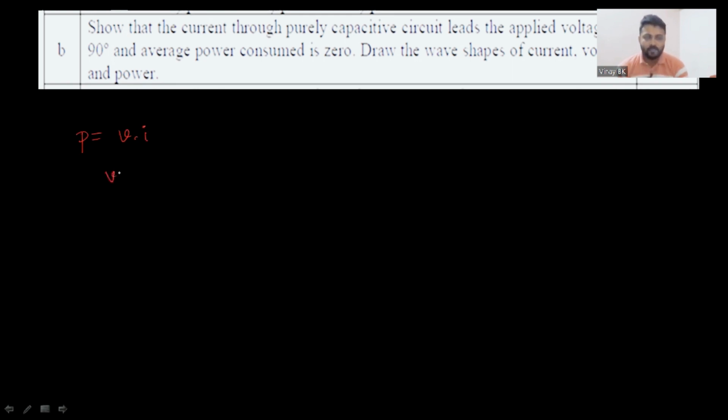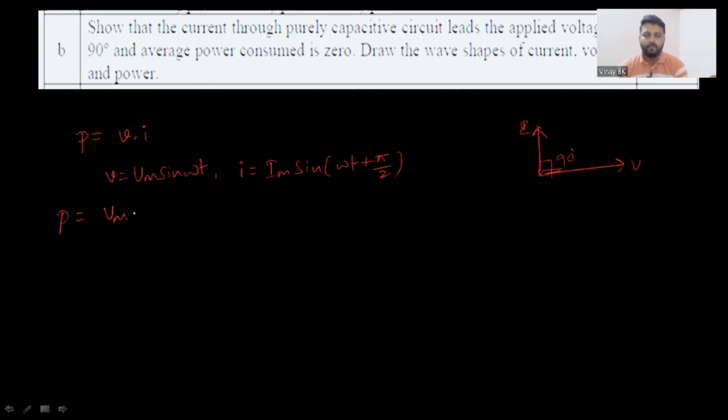V is given by Vm sine omega t, the reference voltage, and I is given by, as we just derived, Im sine omega t plus pi by 2, that is the leading current, whereas by taking voltage as the reference, current leads the voltage by an angle of 90 degrees. So P equals Vm sine omega t into Im sine omega t plus pi by 2.